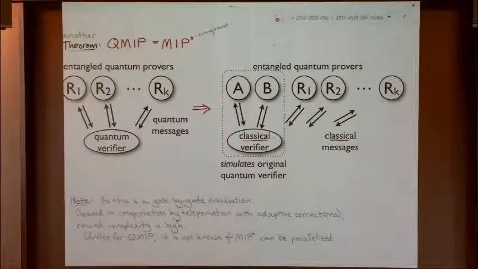Right. Maybe another point as well is that the round complexity is not very good either. So there's this point of adding provers, which probably we can fix. There's another problem, which is the round complexity is very bad, which I definitely do not know how to fix. It's known that QMIP can be parallelized down to just 3 rounds of communication.